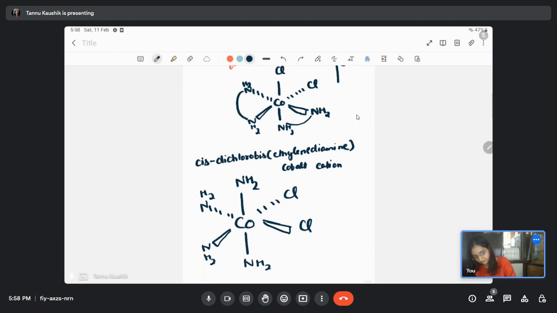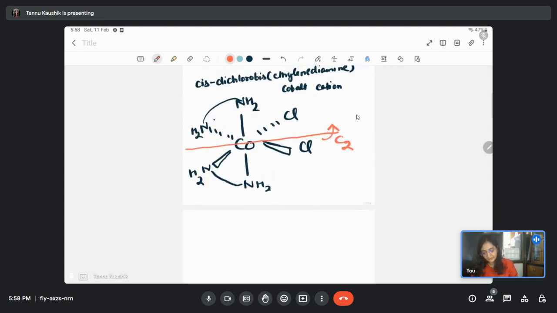Sorry. Like this. So here you can clearly see a C2 axis of rotation present here.